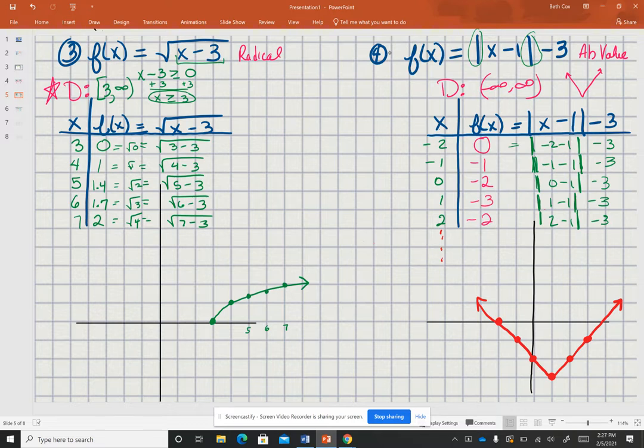Again, the bars here indicate it's absolute value, and I should look at the bars and know my graph has to be a V. Just like over here, I saw the radical, the square root, and I know that's got to be an arm looking thingy, and sure enough, there it is. There's my arm thingy.